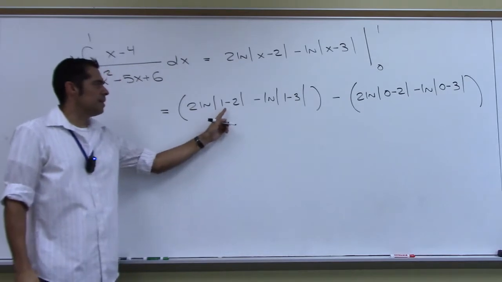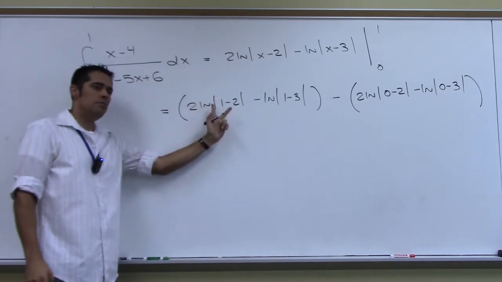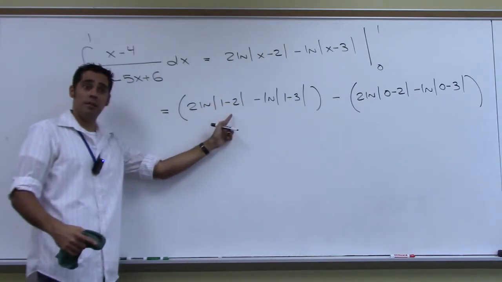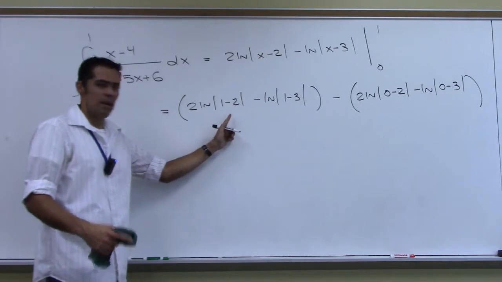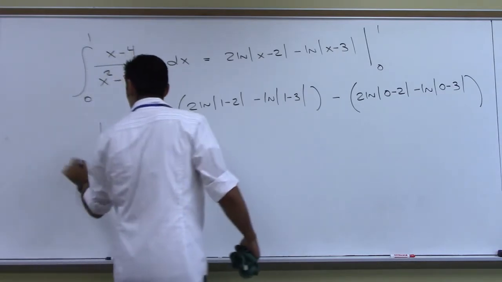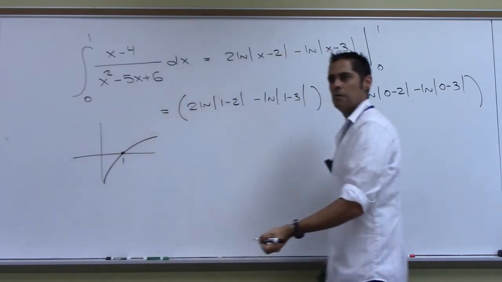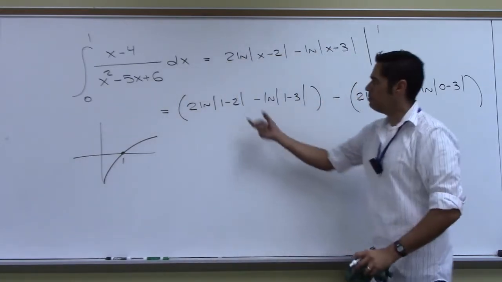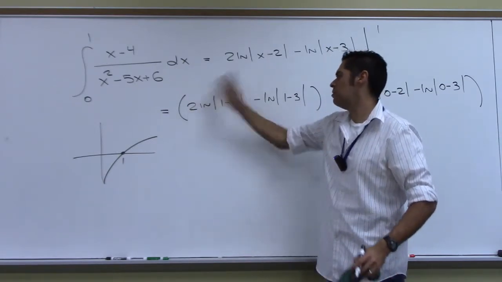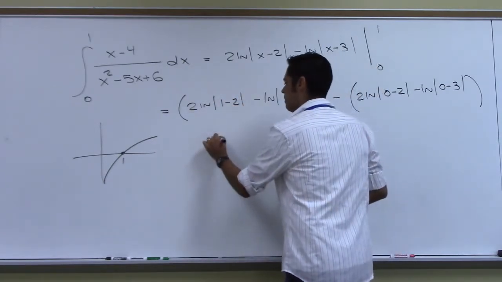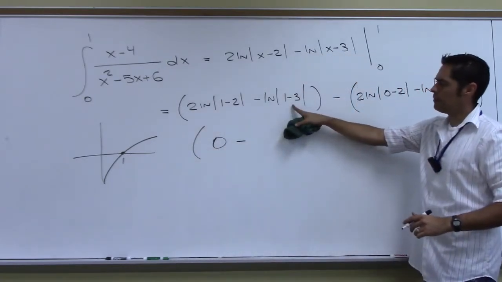Okay, what is this going to give me here? Negative 1, absolute value, 1, natural log of 1. I just drew it, right? Remember? Natural log of 1 was 0. So this whole thing here becomes 0. Times 2 is still 0. So I got 0 minus, what's this?